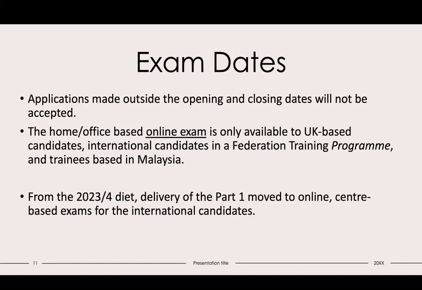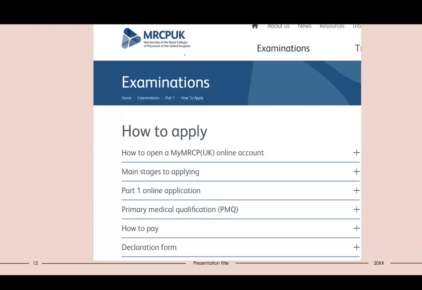Applications made outside opening and closing dates will not be accepted, and the home or office-based online examination is only available to UK-based candidates, international candidates in a foundation training program, and trainees based in Malaysia as well. From 23-24, delivery of Part 1 moved to an online, center-based exam for the international candidates, and that's important.